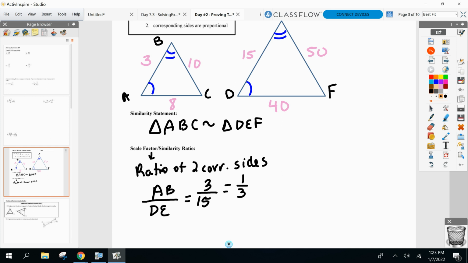Okay? And everyone agree all the other corresponding sides are in that same ratio. 10 over 50. Why did I put 1/3? 1/5. God, I am on fire today. Rattled. Get back in it.